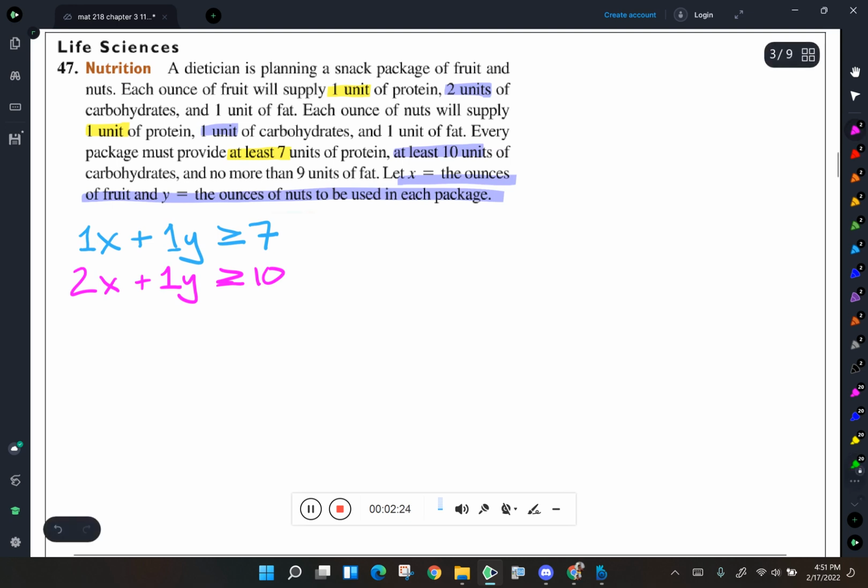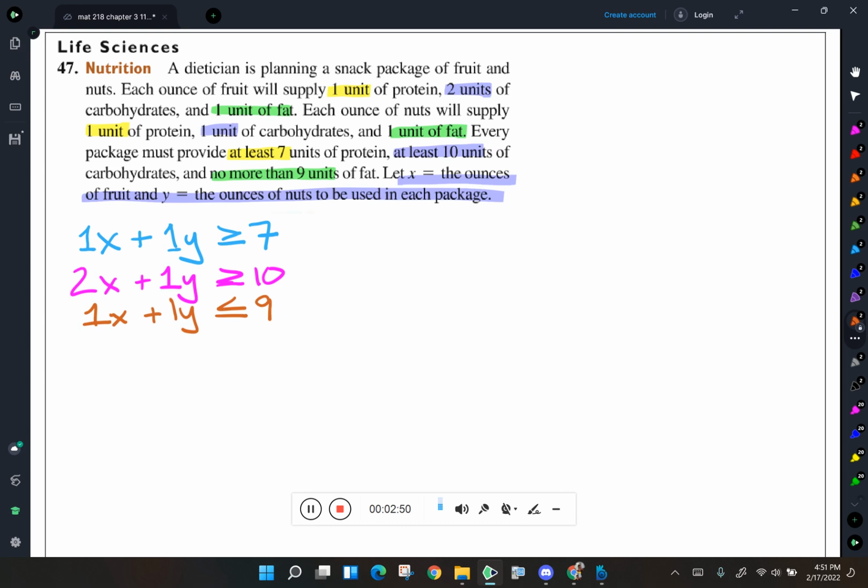And then the fat, I got 1 unit from the fruit, 1 unit from the nuts, and no more than 9.